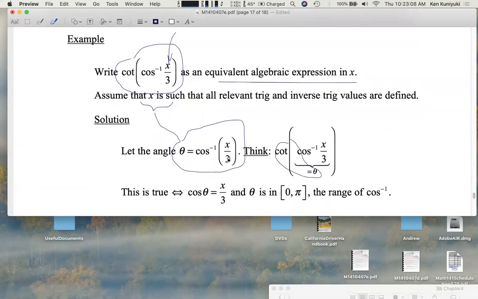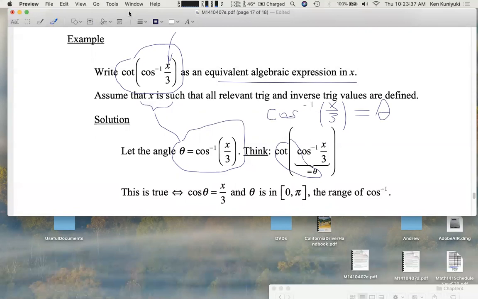Well, we can say that the cosine of theta is x over 3. Let's write it like this. So we're going to rewrite this as inverse cosine of x over 3 equals theta. I'm using theta because we can think of this as an angle. If you want to use u, for example, that's fine.